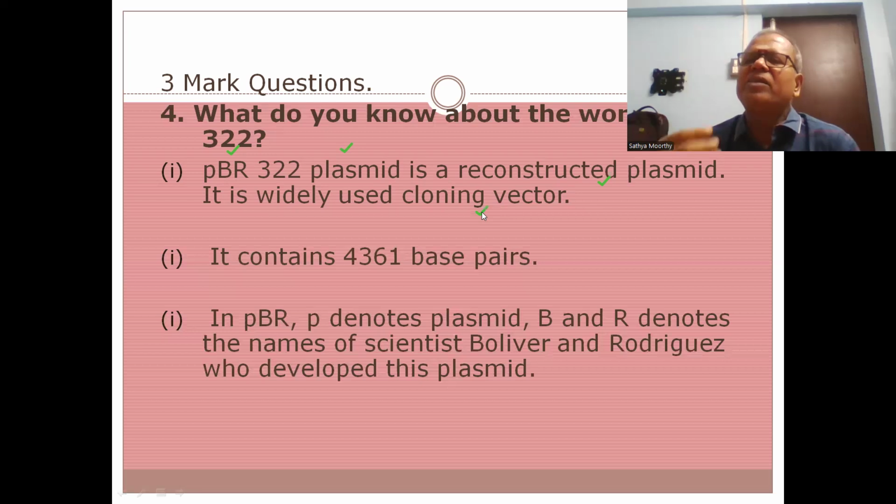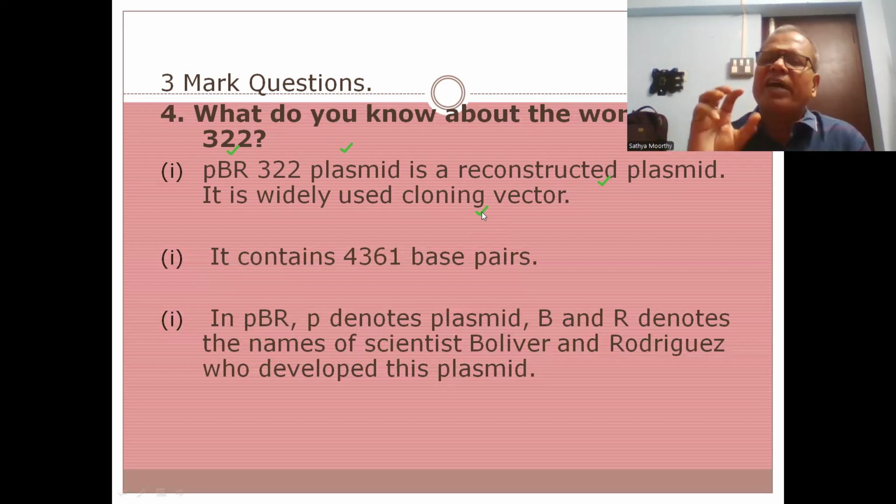Somebody else carries the gene from the donor to the host. We are calling it a vector. In zoology, you know the vector-borne diseases: malaria, filariasis, Japanese encephalitis, dengue, chikungunya, all these diseases are vector-borne diseases, where the pathogen is carried by one organism to the other with the help of a vector.